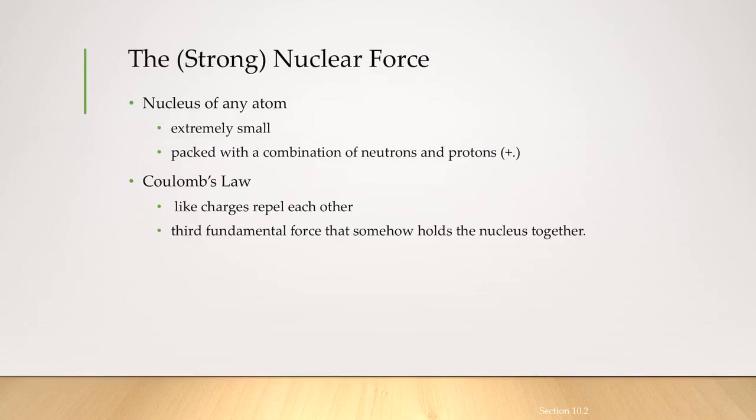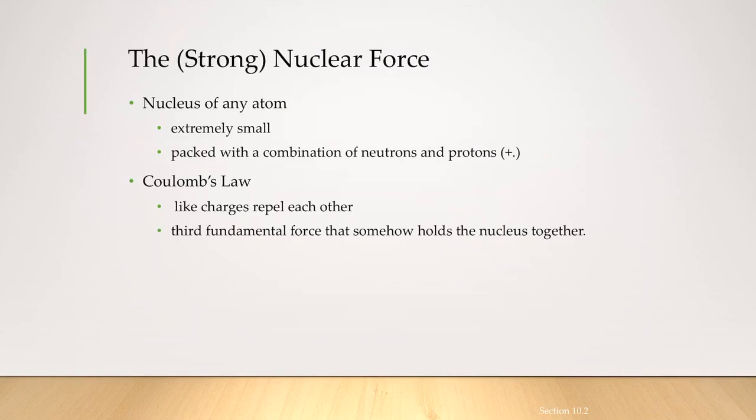Now, nuclear force. Remember that the nucleus of an atom is extremely small and packed with a combination of neutrons and protons. According to Coulomb's law, we know that like charges repel each other. Therefore, the repulsive forces in a nucleus are huge and the nucleus should fly apart.